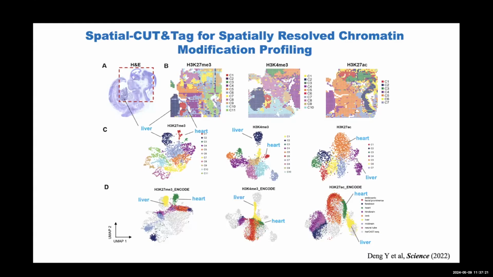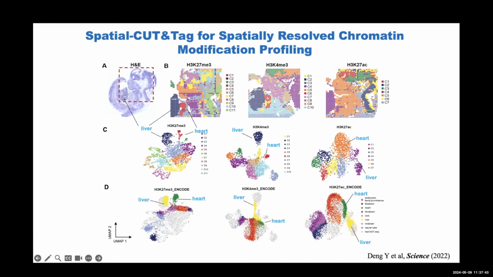Once you activate the Tn5 transposase, you're going to cleave the genomic DNA at loci associated with the specific histone modifications. After you sequence, you get data pixel by pixel, spot by spot across the entire tissue, and then you perform unsupervised clustering.